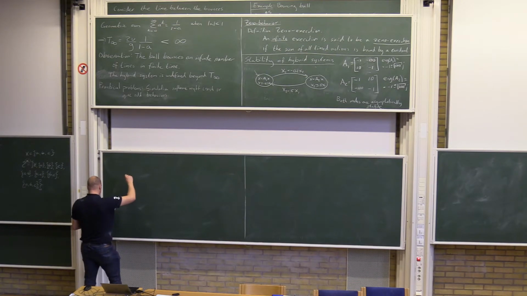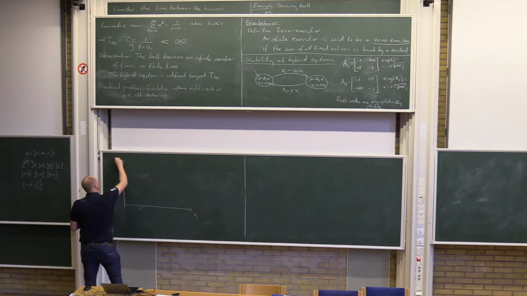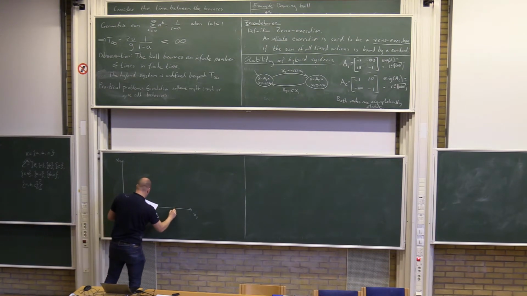So if we start to simulate this system, we have x1 here, x2, we have 0 there, 0 there.